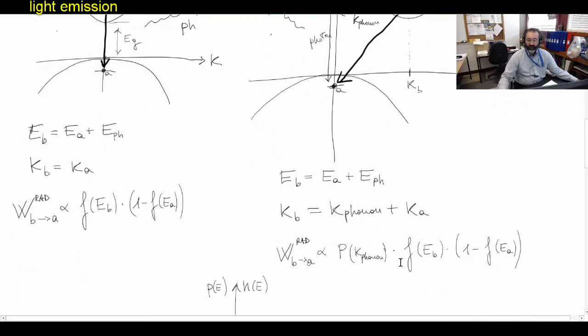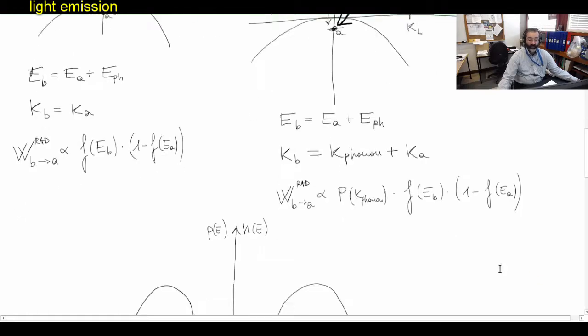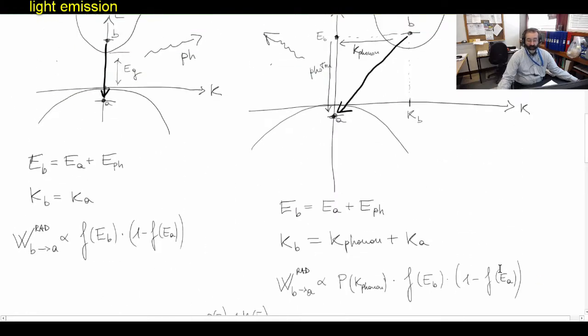Overall, considering the conservation laws, the total probability for a radiative transition in this indirect semiconductor can be written like that, very much similar to what we did yesterday.